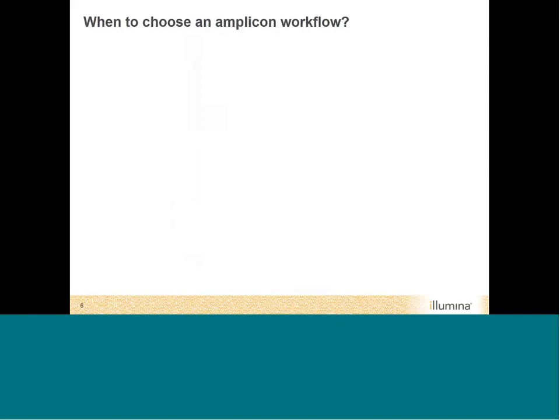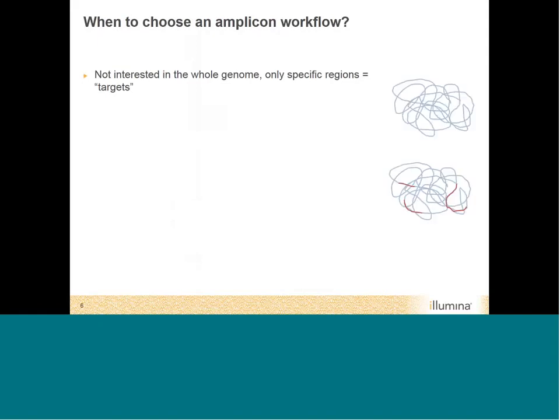So let's take a step back and talk about when an Amplicon workflow might be right for you. So anytime you're not interested in the whole genome, but only want to focus on specific regions, and we call those our targets.